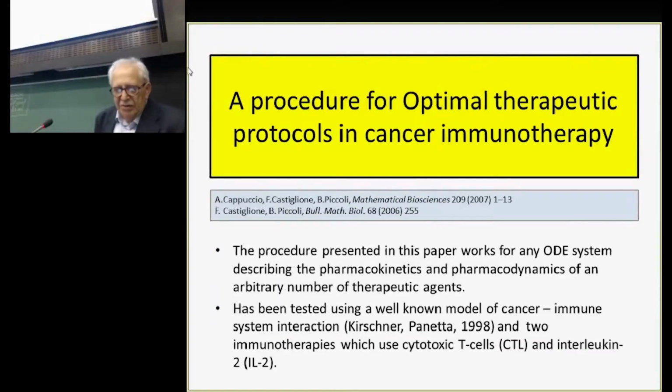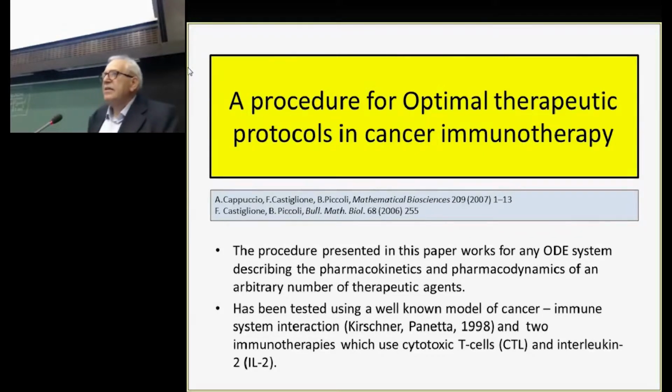Okay, the first one, I chose one of these. It's done by Castiglione, Piccoli, and Cappuccio, with the young guys. Benedetto Piccoli is a mathematician expert in control theory. So they've done a very nice series of papers on optimal control in immunotherapies, which is a general approach.